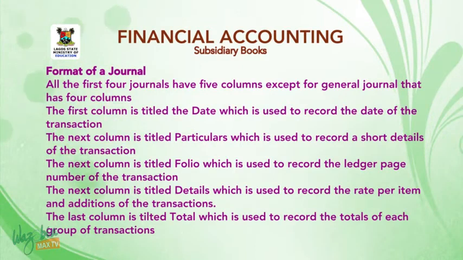The next column is titled folio, which is used to record the ledger page number of the transaction. The next column is titled details, which is used to record the rate per item and the additions of the transactions. The last column is titled total, which is used to record the totals of each group of transactions.